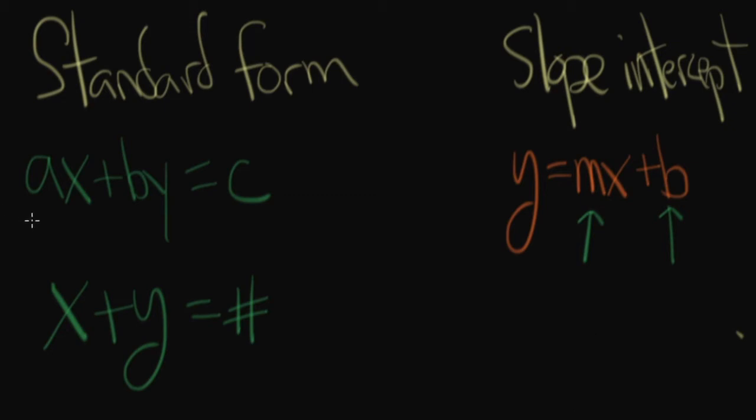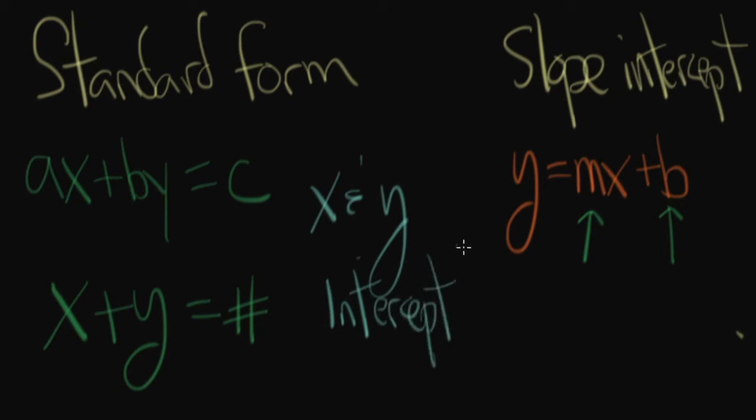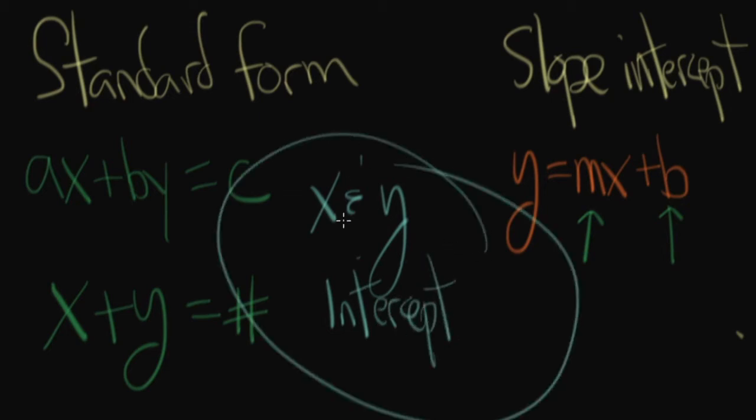The pros and cons for standard form are mainly when it comes to using the x and y intercepts. When things are in standard form, I find it extremely easy to use the intercepts for graphing, and the intercepts tell you a lot when it comes to interpreting the slope and figuring out what the equation is actually saying.